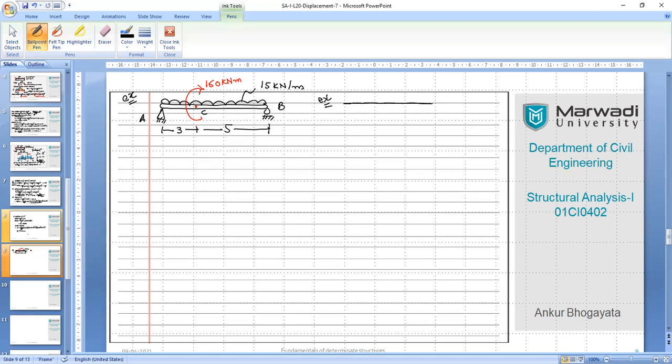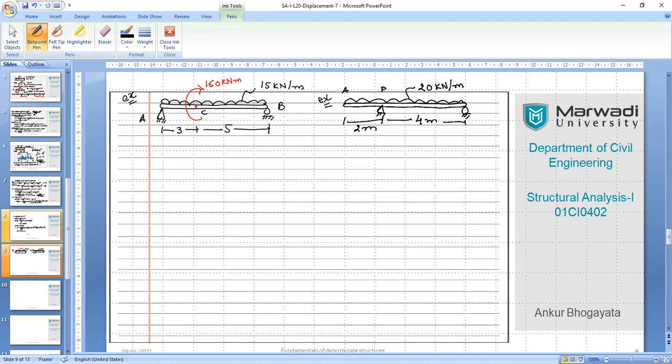So this is the problem statement. You please note down this also, and I will require your involvement now in these solutions. Let's say we have a UDL throughout the span, and that's the value. I'm writing it here itself so that I can recall in the next session which next problem we need to discuss. So this is 2 meter, and this is double of that, that is 4 meter.